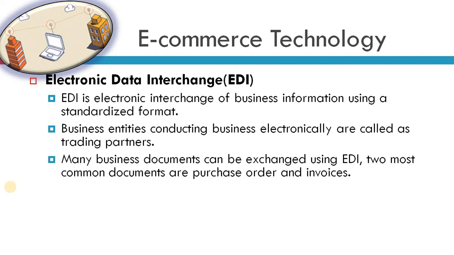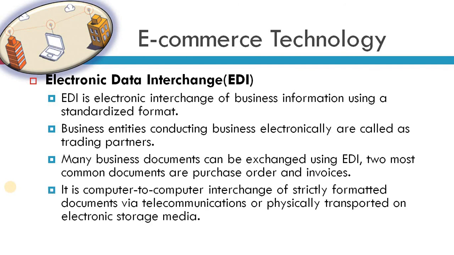Now, each and every document is in standardized form. So, it is same for everyone. Any business organization will have the same format for the particular document. It is computer-to-computer interchange of strictly formatted documents via telecommunications or physically transported on electronic storage medium.